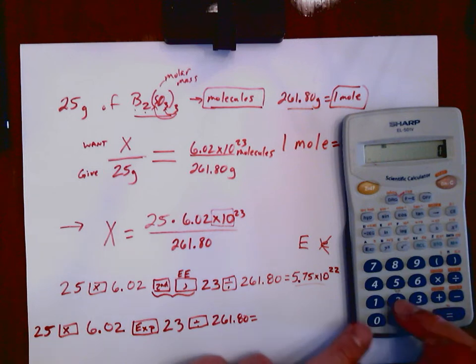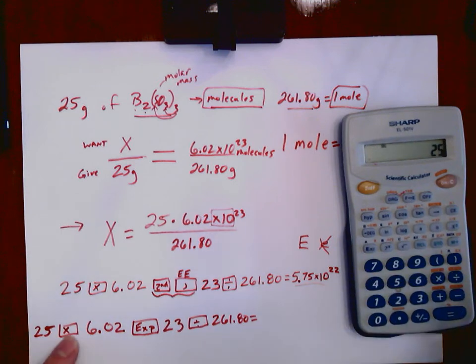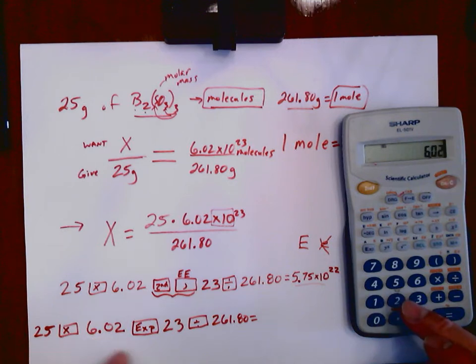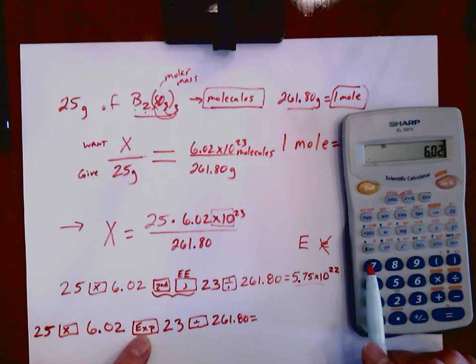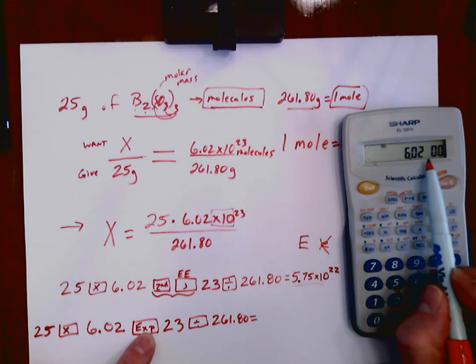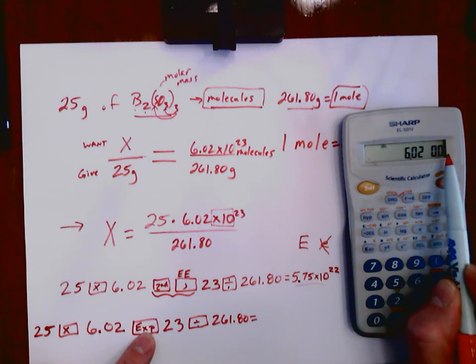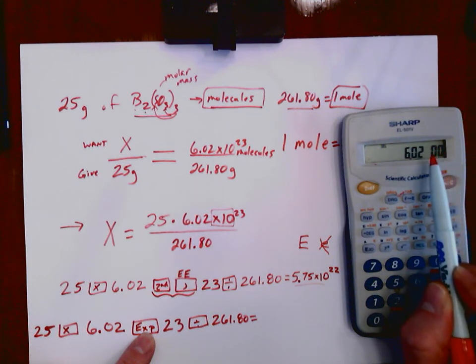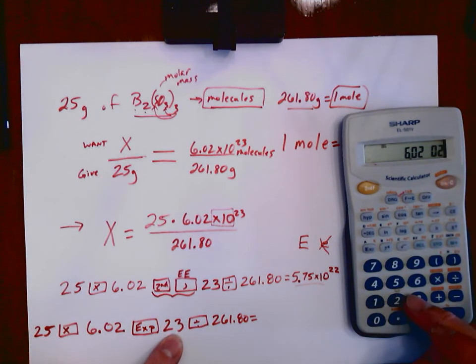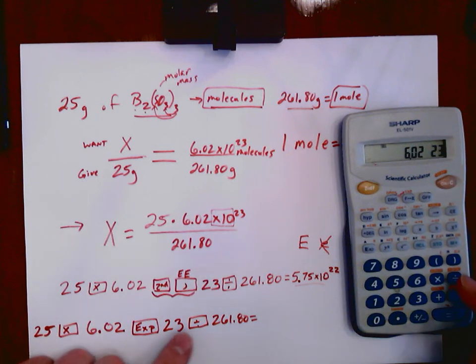So type in 25, and I hit the times button, and then I have 6.02. I'm going to go EXP. Now notice here it changes the view a little bit. This is showing you what the power of 10 is. We want to change that to a 23. I'm just going to type in 23, and when I hit divide on the calculator, it will actually do the math for us.